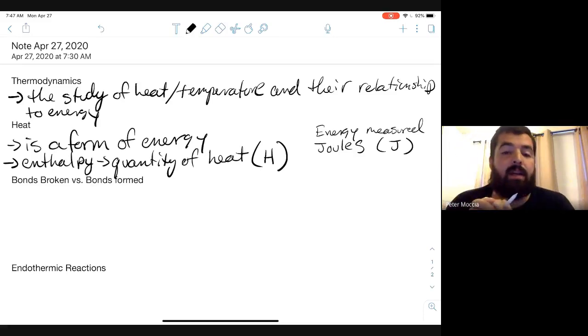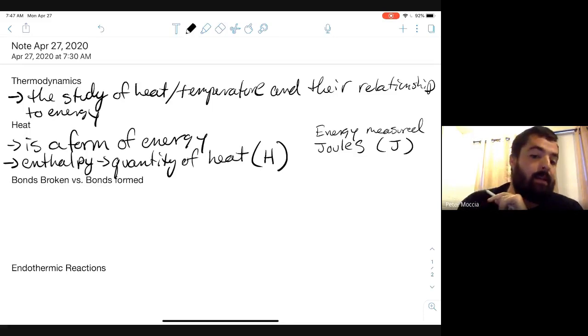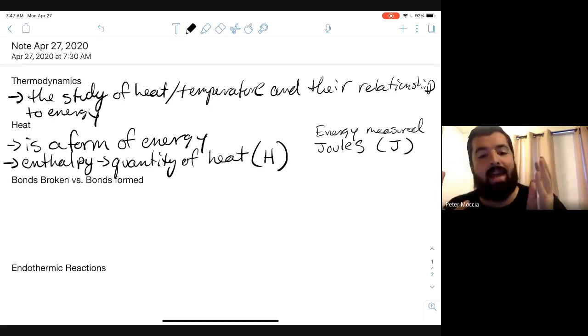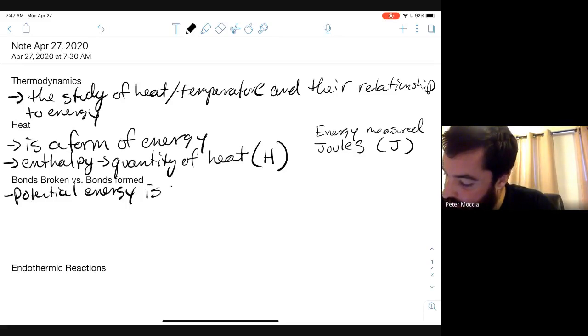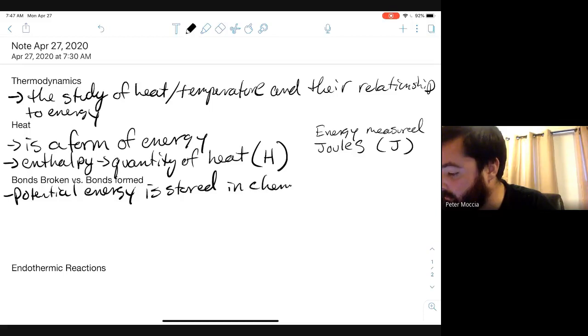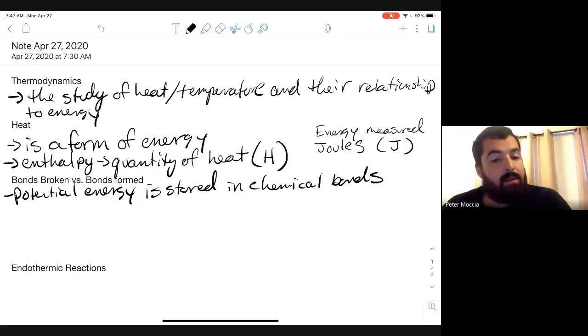Now, here is the most important thing, everything goes back to this, okay? There is potential energy stored in the bonds. There is potential energy stored in chemical bonds.